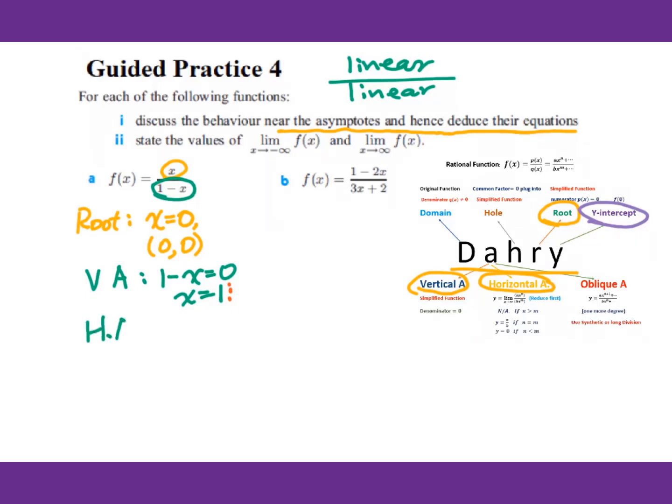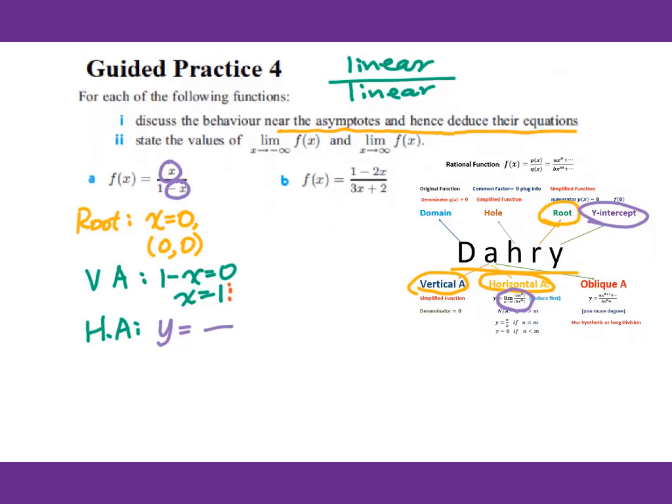For the horizontal asymptote line, you have to use this limit. Basically, that means the leading degree. You have x here and a negative x.